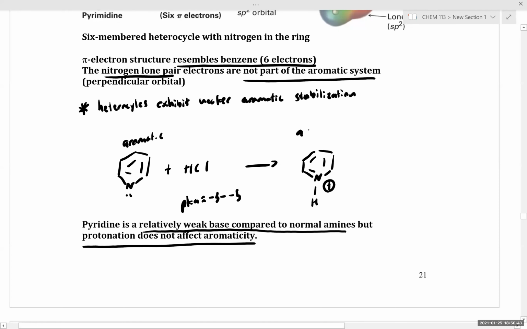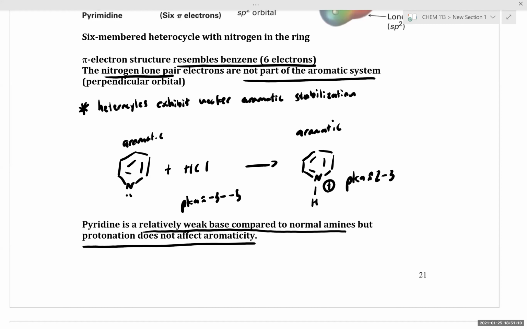So even though this pyridinium salt is still quite acidic, with a pKa around 2 to 3, we still have an aromatic system. So protonation doesn't dramatically affect aromaticity in this case.